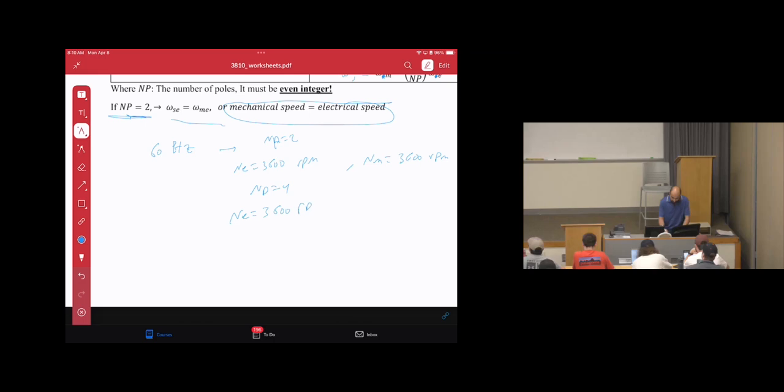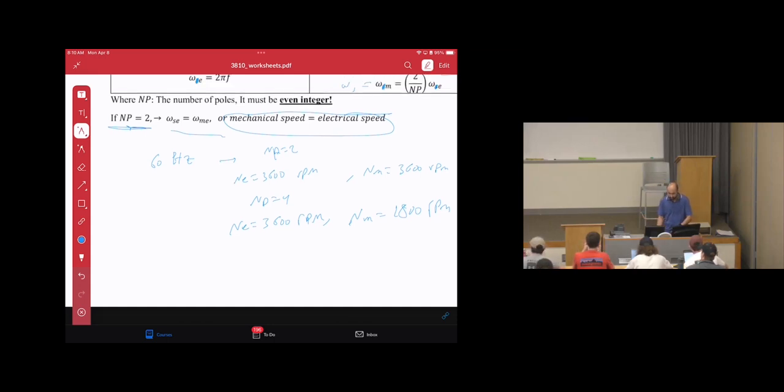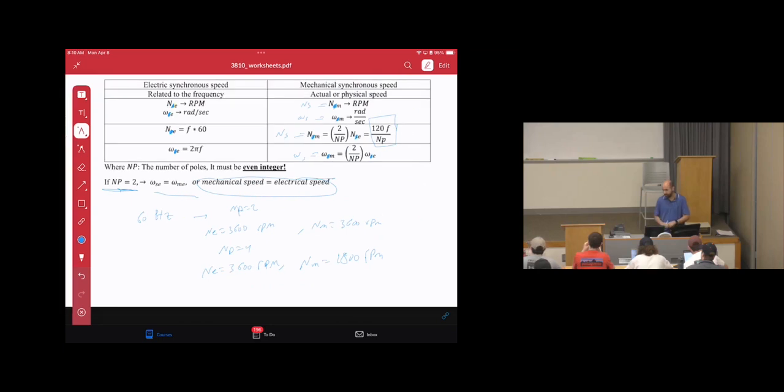What changes is the mechanical, which is 3,600 divided by 2, so 1,800 RPM. And so on. If it's 6, it will be 900, and so on. So keep in mind, we have two different speeds.